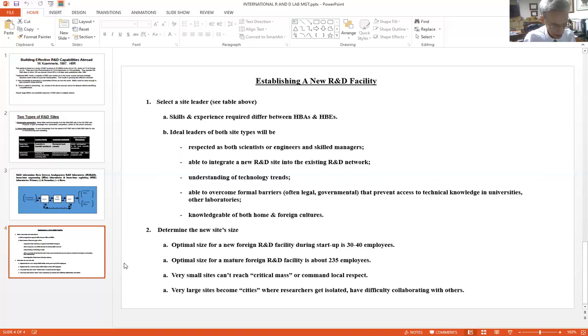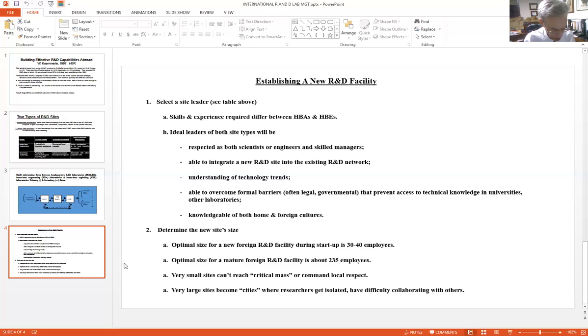They've got to be knowledgeable about what's going on at home, as well as the foreign country that they're located in. And then you've got some guidelines down at the bottom about what the typical or optimal size of laboratories are when they're new, when they're fully developed.